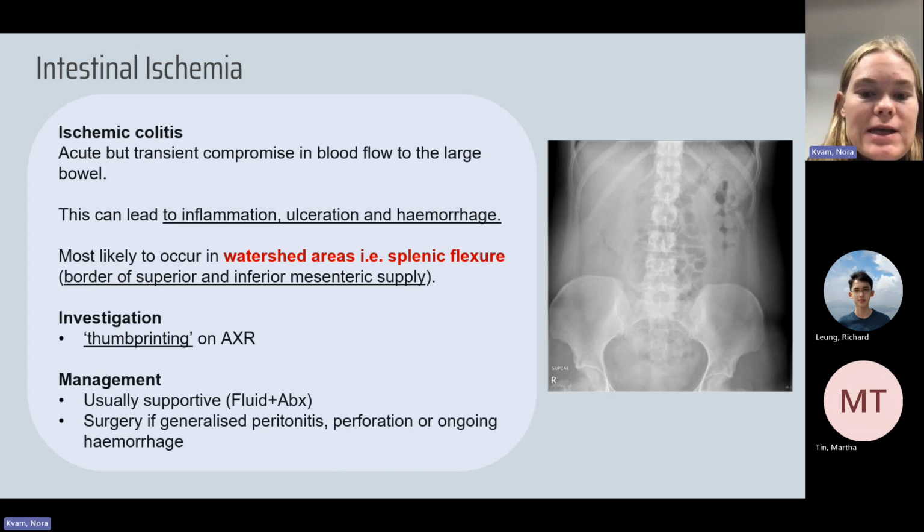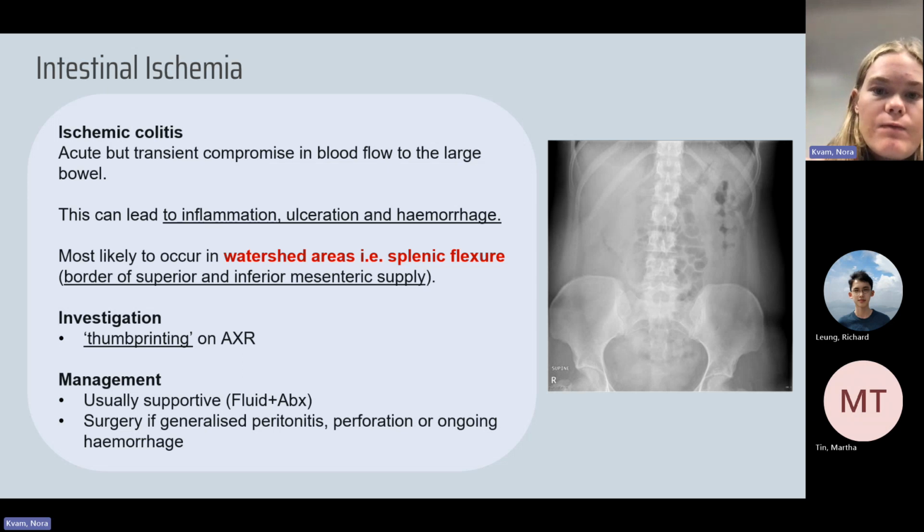In ischemic colitis, there is acute but transient compromise of the large bowel. The most likely areas affected in ischemic colitis are watershed areas. Imagine the bowel is a continuous tube.